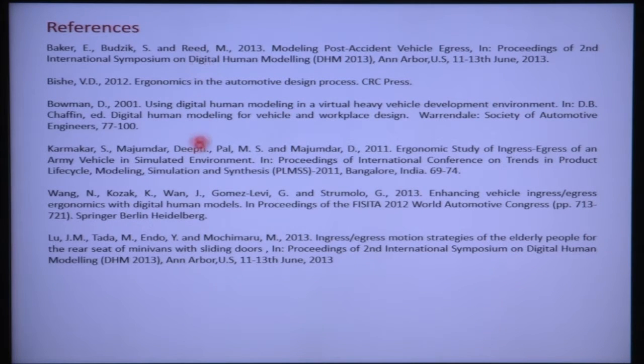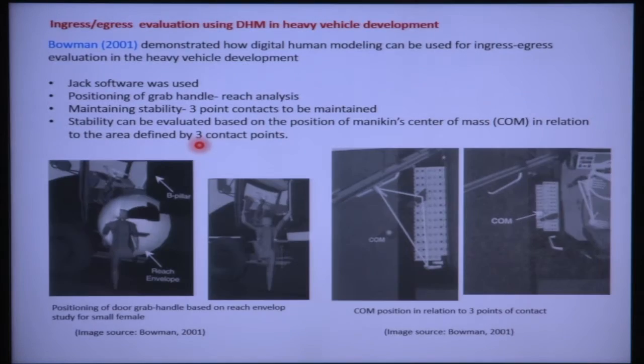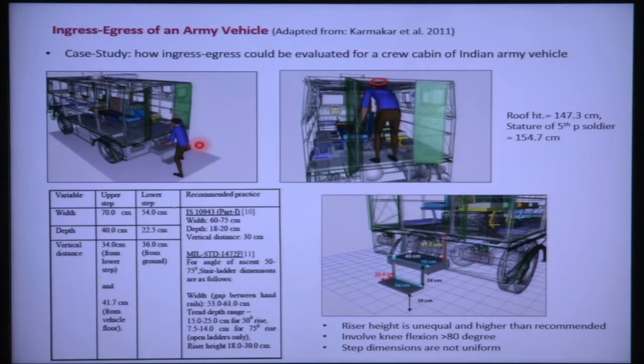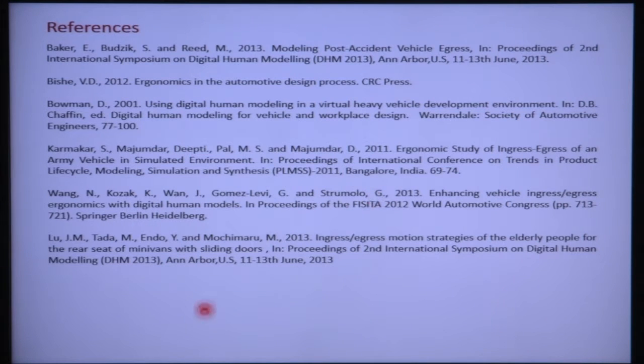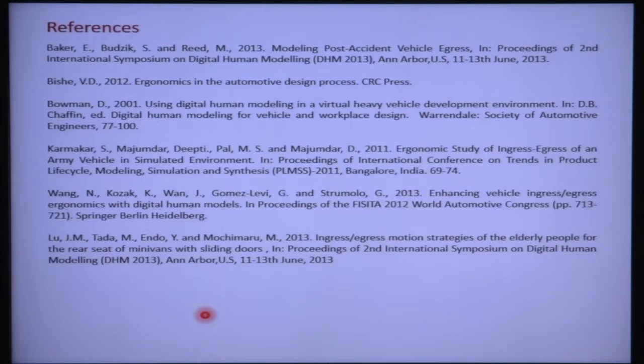So, these are the various references which have been used in these slides, but there are so many other research papers where various researchers have demonstrated how digital human modeling software can be used effectively for evaluation of the ingress egress process, for driving cabin or crew cabin, and also for specific types of vehicle like army vehicles.